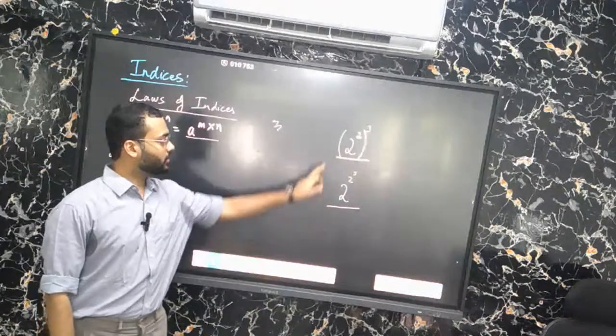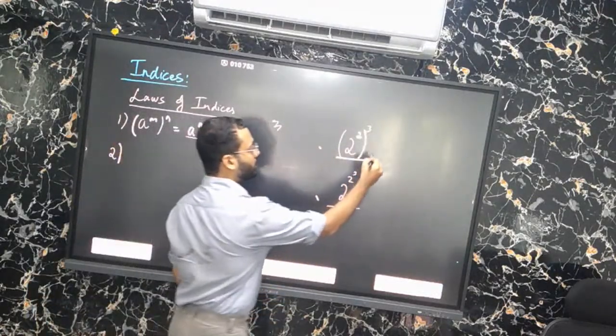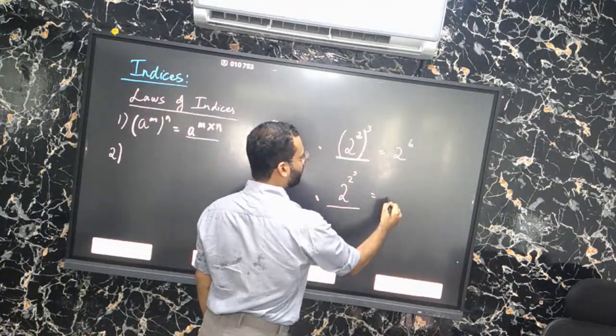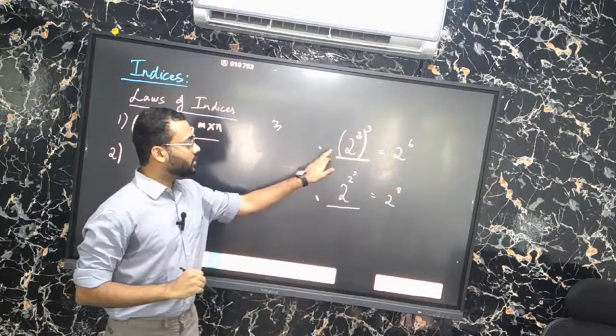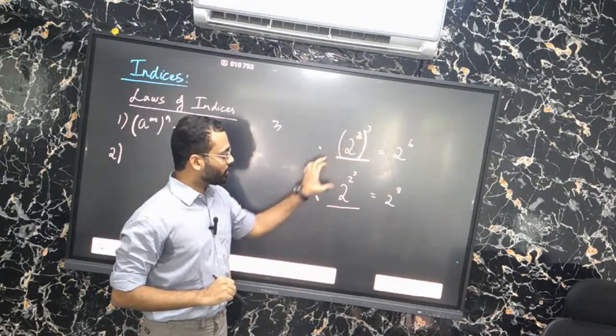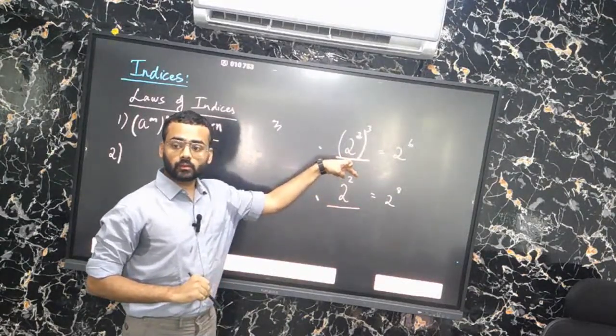What is the difference between this and this? This is nothing but 2 to the power of 6, but this is nothing but 2 to the power of 8, because this is 2 square to the power of the same number, to the power 3, but over here it's 2 power 2. This power again has a power to it.